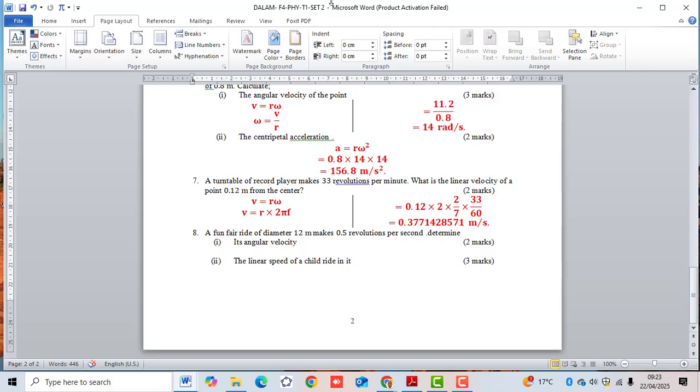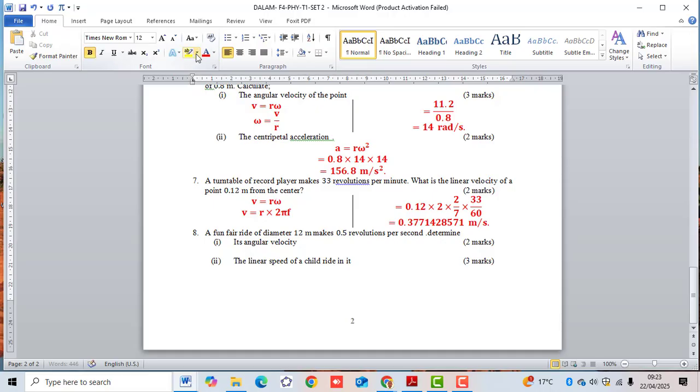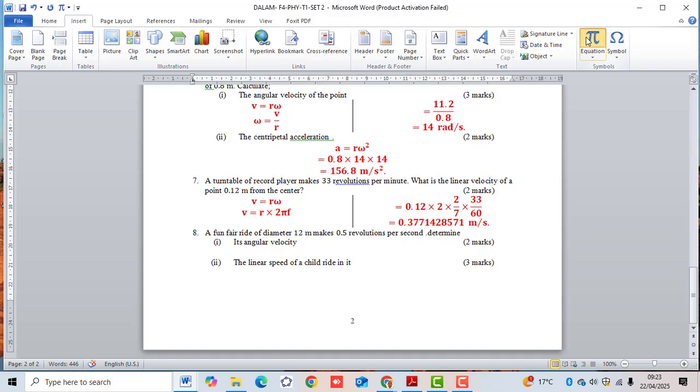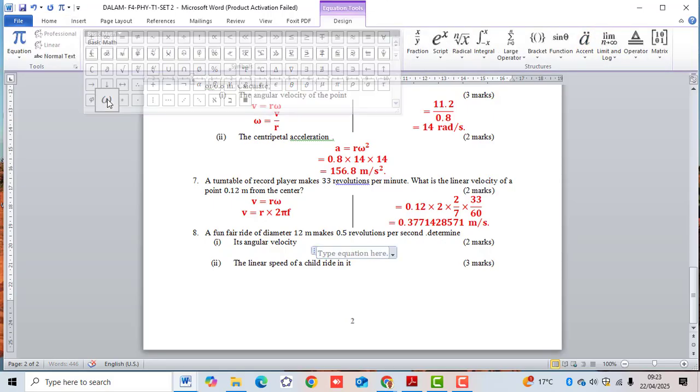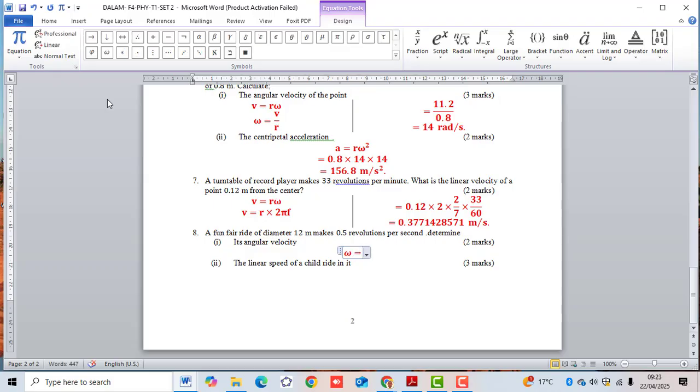So angular velocity. Another thing that we have already covered, how to get the angular velocity. The formula of getting the angular velocity, we had already discussed, is that angular velocity is equal to 2 pi f.